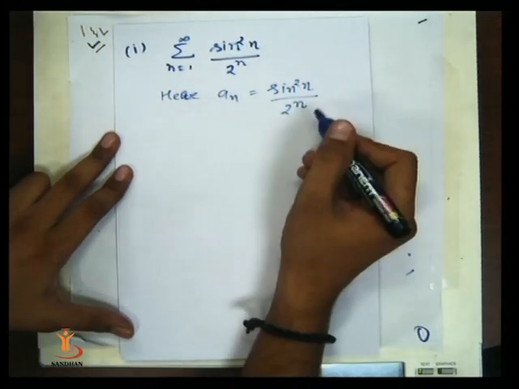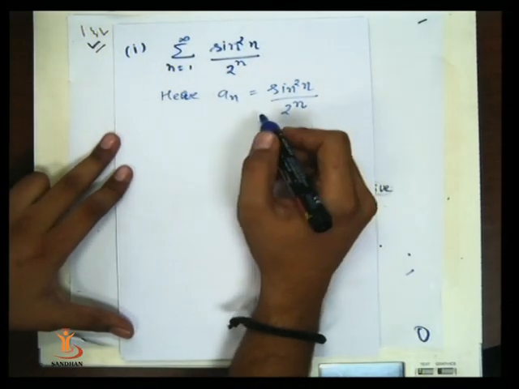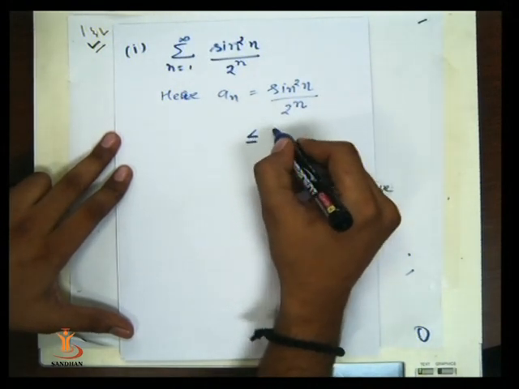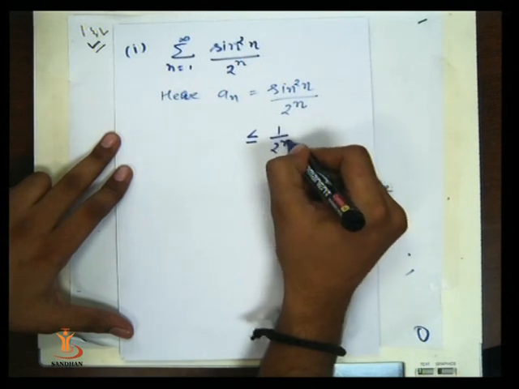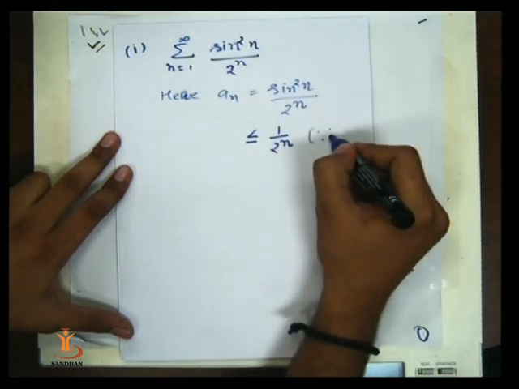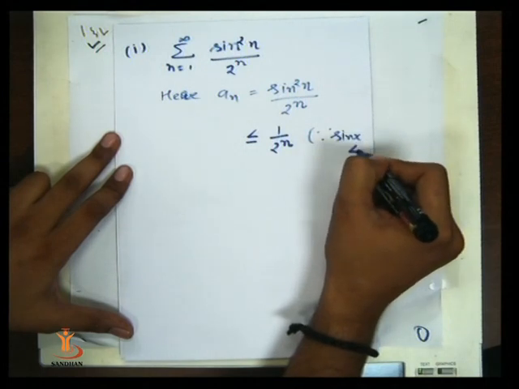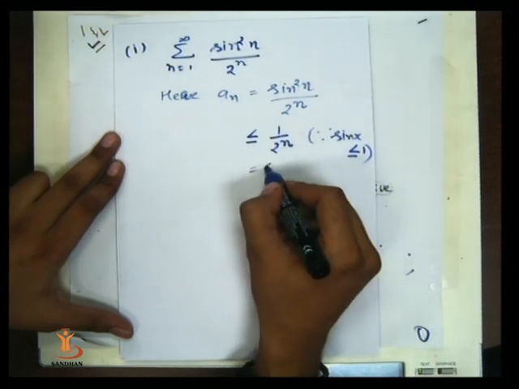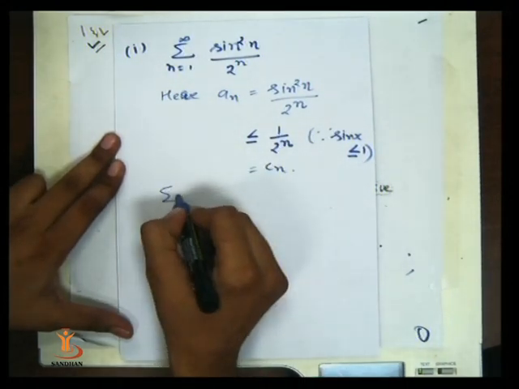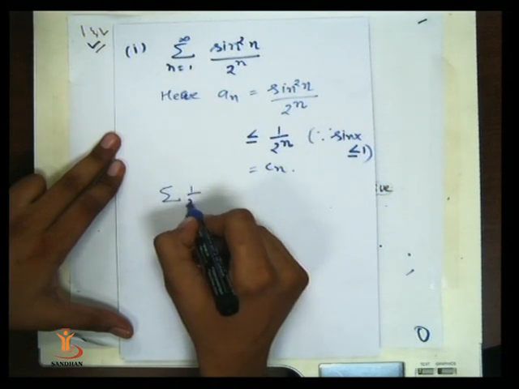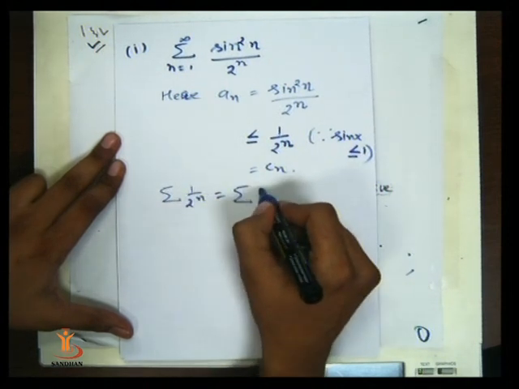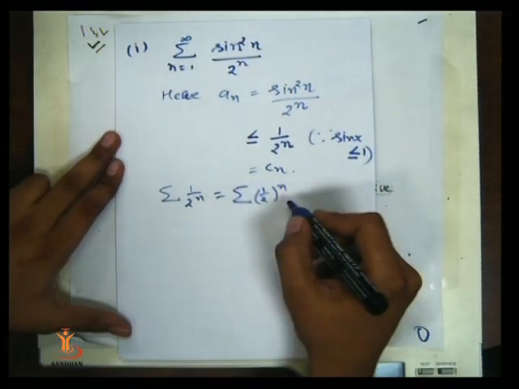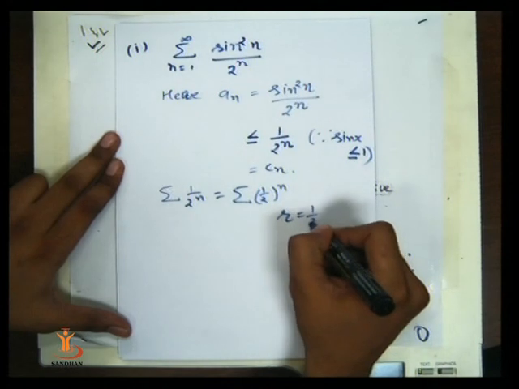Now we know that the value of sine is always less than or equal to 1. Therefore we can write that this term is less than or equal to 1 upon 2 raised to n, because the value of sine x is always less than or equal to 1. So consider this term as Cn. Now we know that summation 1 upon 2 raised to n is a geometric series with ratio r equal to 1 by 2.